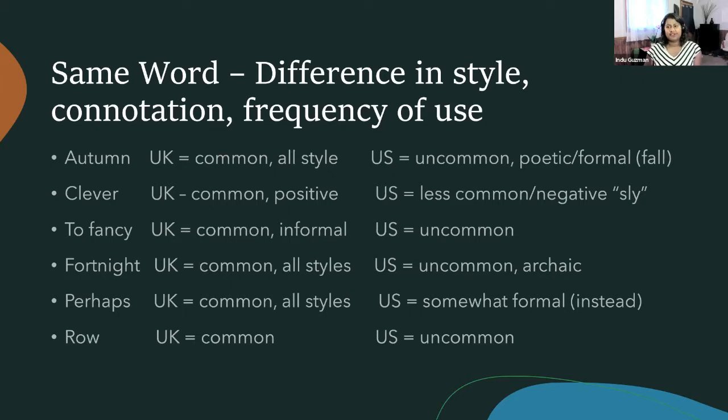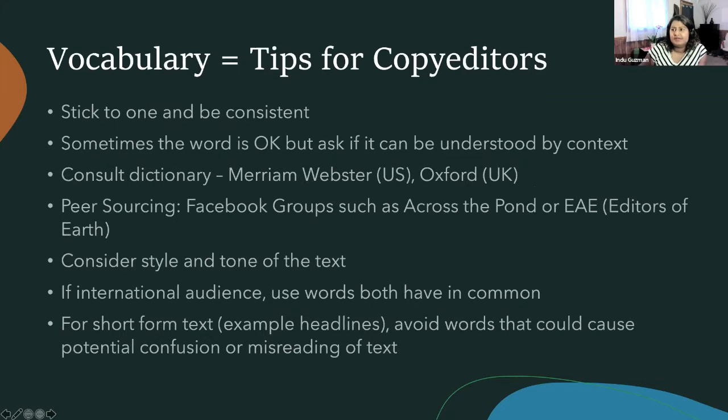In the US, I've heard it too, but it's formal, and most people say something else instead. And row, to have a row, is common in the UK and means to have a fight or get into a squabble with someone. In the US, we don't use that at all. Row means you're rowing the boat. So, of course, there are a lot more words that are different.